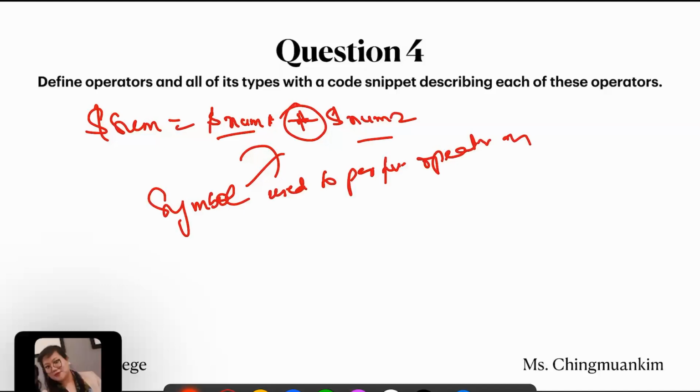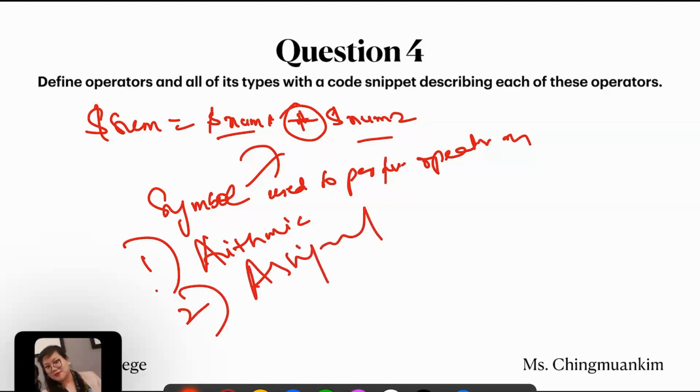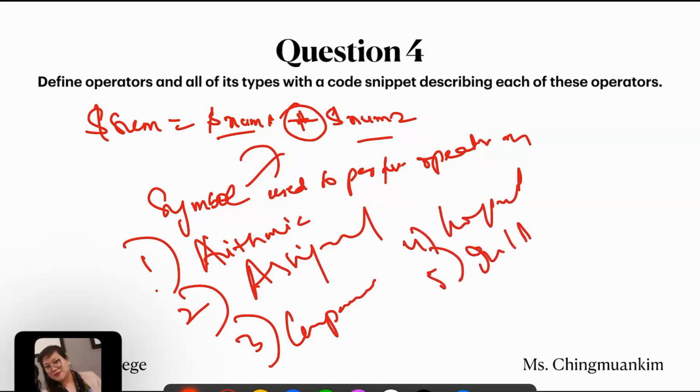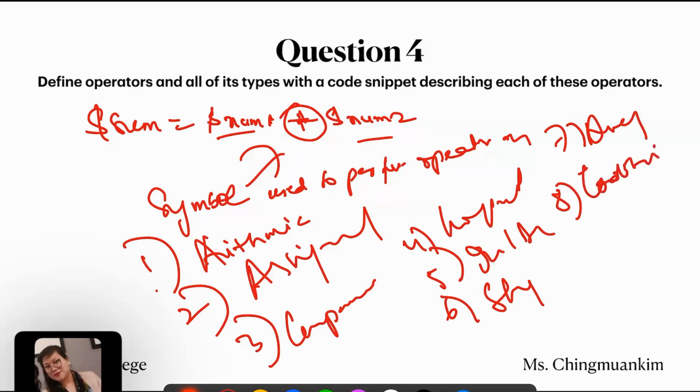There are many operators which we have discussed in the class. I'm not going to describe them again here in detail, but I'm just writing down how many there are: arithmetic, assignment, comparison, logical, increment, decrement, string, array, conditional for checking conditions, and bitwise.